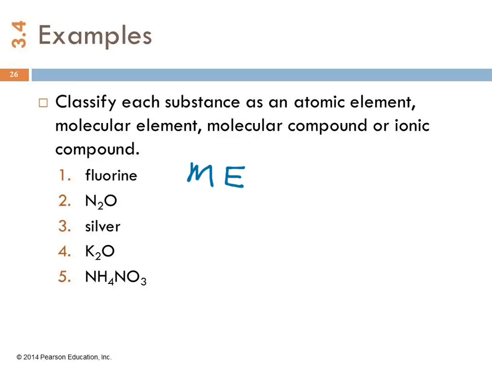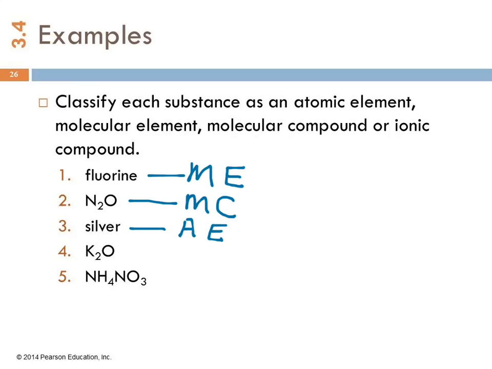N2O, element or compound? Compound. It has 2 different element symbols. Now, is this ionic or molecular? It's molecular, so MC. I'm not lining these up very well. Molecular compound, 2 nonmetals. How about silver? It's an element, what kind?